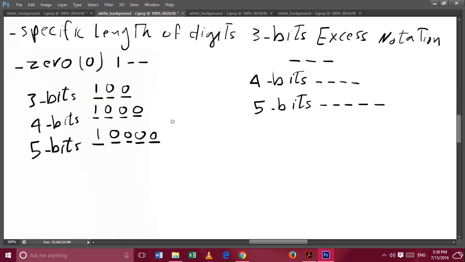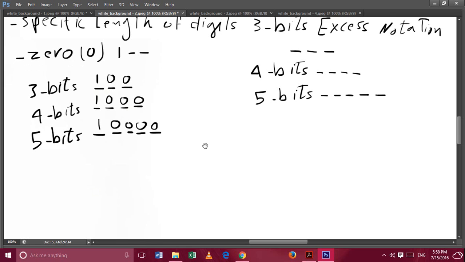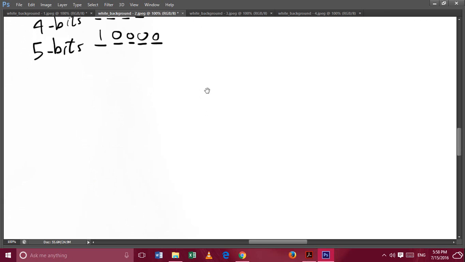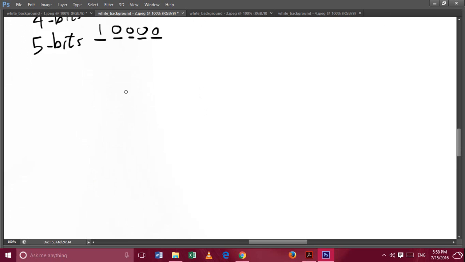Now, how can we build the entire system? Let's have a look. So 2 rules.